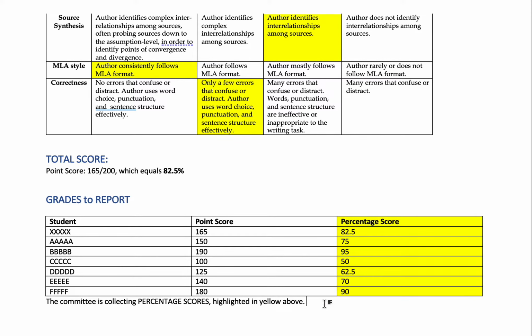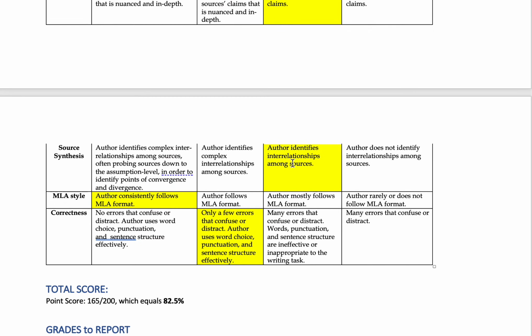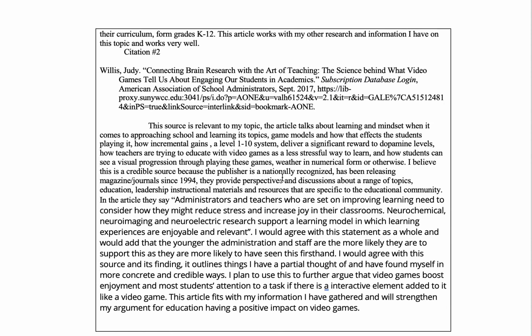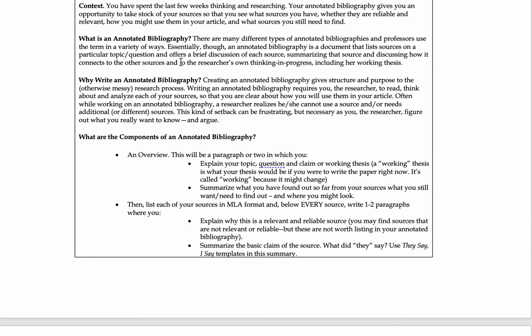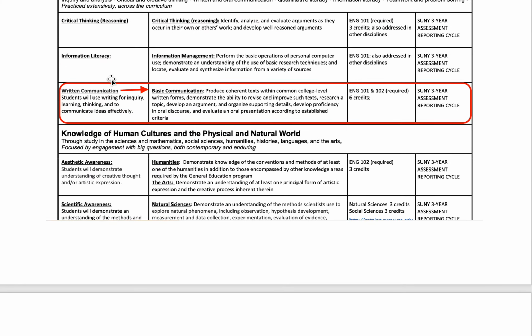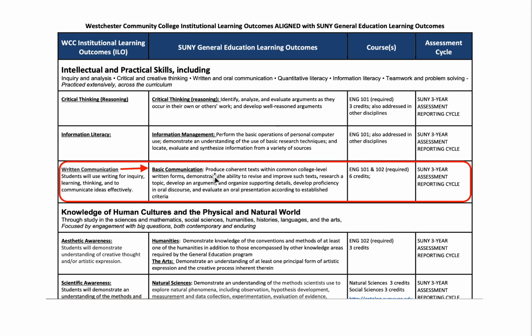And that would be it. That would be how I could help the institution go from our own local assignments and our own local rubrics and map those through something like this to our ILO, which then maps from the ILO to our SUNY Gen Ed Basic Communication Standard.